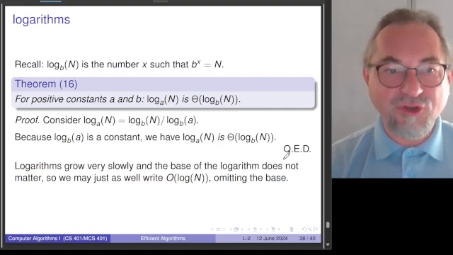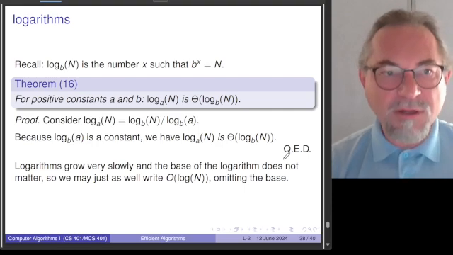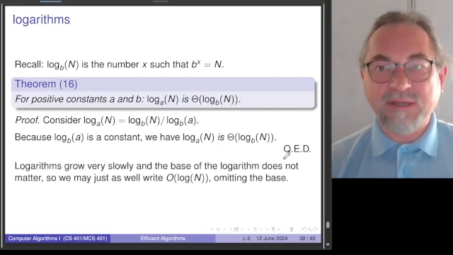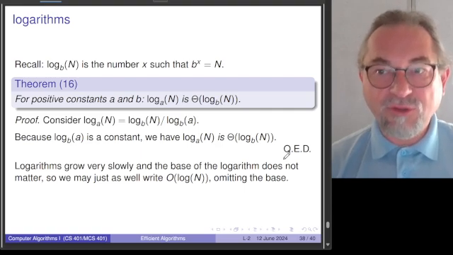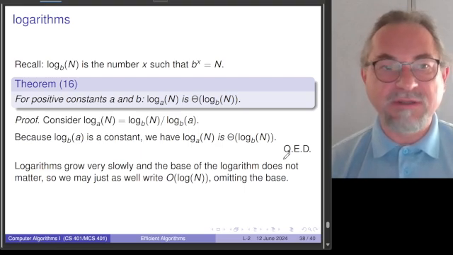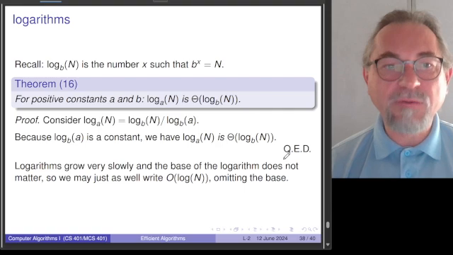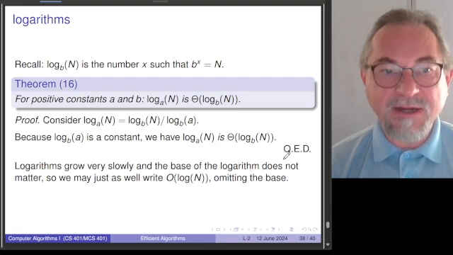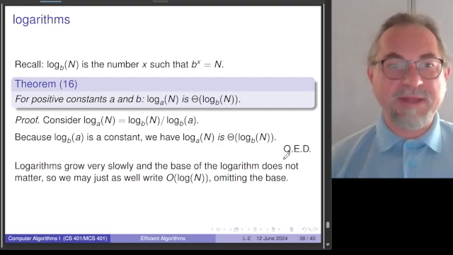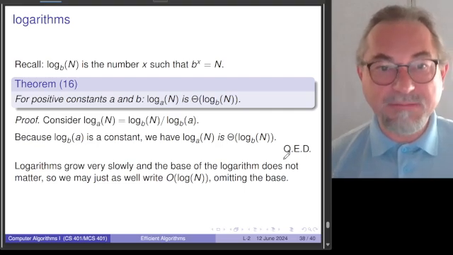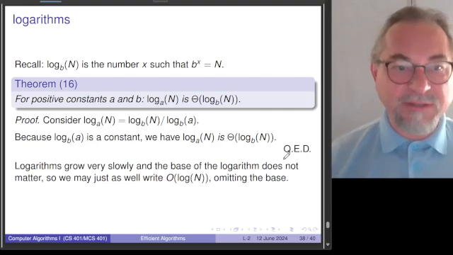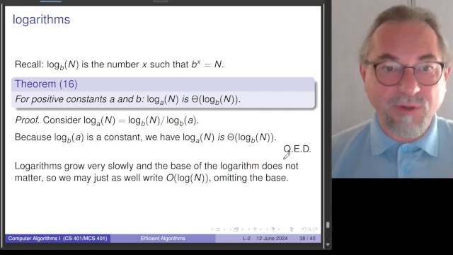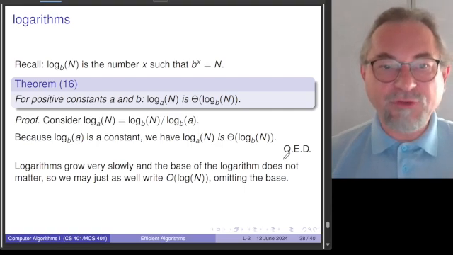This theorem is just two lines long. If you recall that the logarithm is the exponent that you have to give to the base to obtain the argument, we can change the base from A to B by the first sentence in the proof. And notice that what you divide by is a constant.